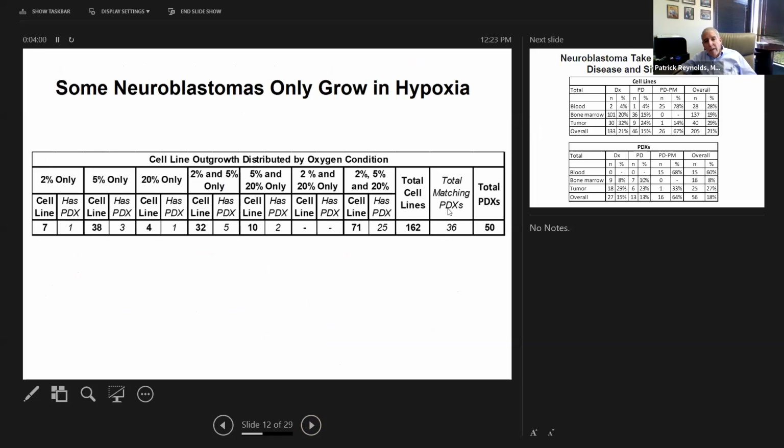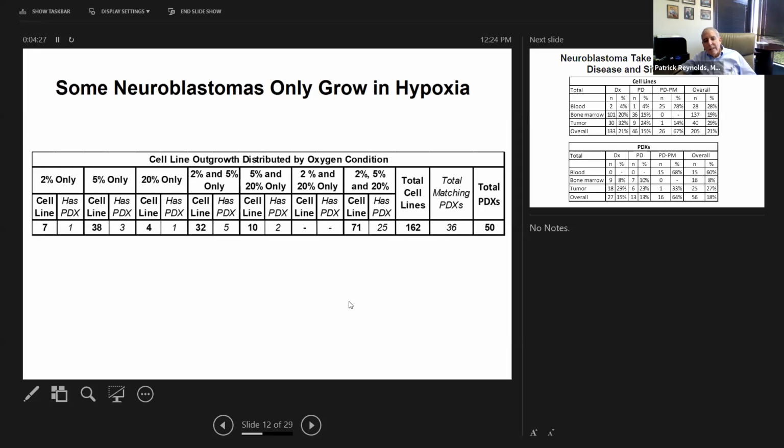Out of a larger number of samples, a total of 162 grew in culture. These are not all the samples we've ever tried to culture, but the ones where we tried all three conditions, 2%, 5%, and 20%. A number of these also went into patient-derived xenografts and grew out as PDXs.